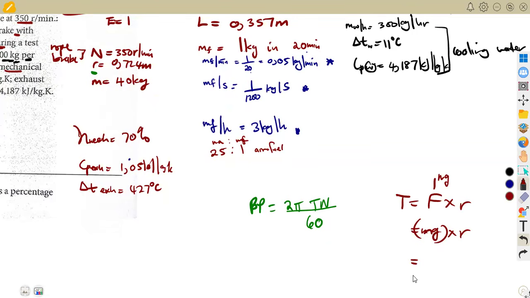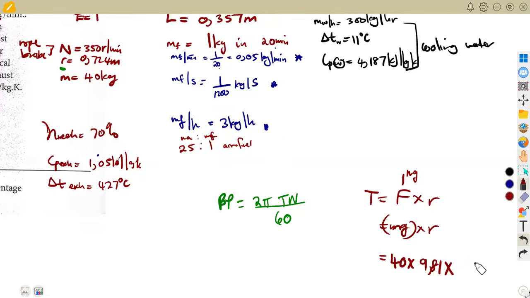The mass is 40. Let us substitute here the mass: 40 times 9,81 for the gravitational acceleration, times the radius in meters. Remember we got this from the diameter that we're given, diameter over 2, so we got this as 0,724, or you can just write the diameter as it was, over 2.